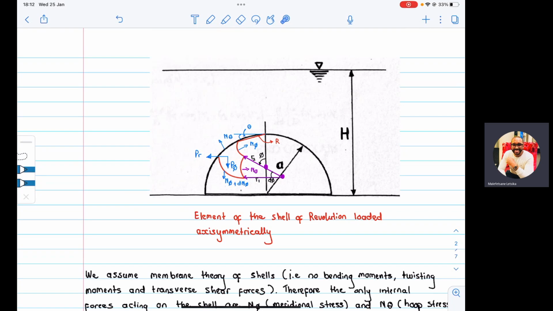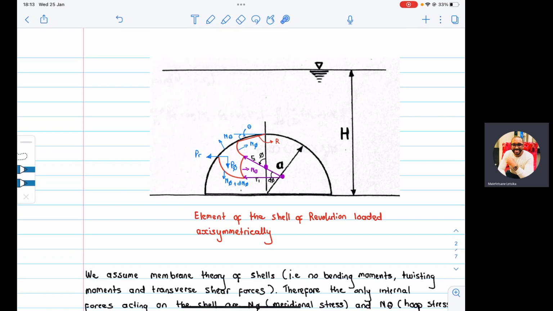I can just mention it. It's called the membrane theory. It's the theory that we use in the analysis of shells. So basically, when we talk about membrane theory, it means we consider only internal forces acting in the shell. And these internal forces are basically the hoop stress and your meridional stress. But there's no bending in the shell.